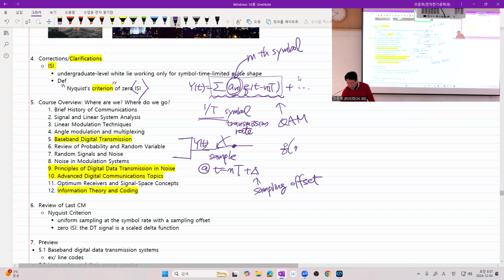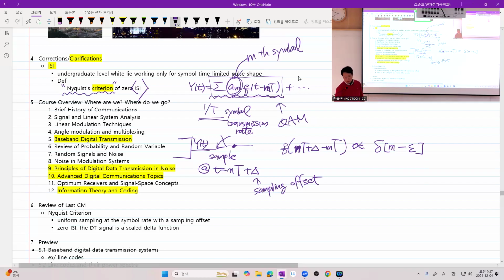Here at the output, when you focus on this signal, if you observe that q of nT plus epsilon minus mT is proportional to delta of n minus m, something like this, then Nyquist's criterion of zero ISI is met.